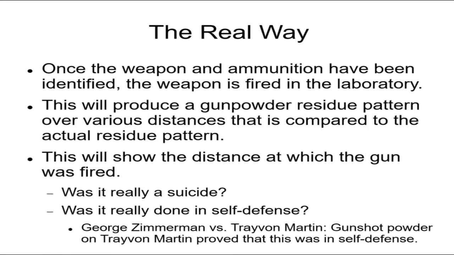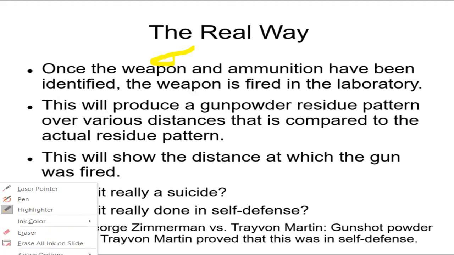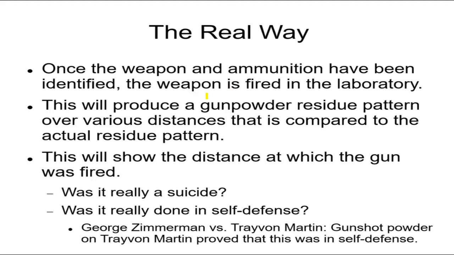Anyway, the real way to tell how far away the gun was to the victim is identify the weapon and the ammunition, and test fire it in a laboratory and see how the gunpowder residue spreads. And with this we know, oh yeah, if it spreads the same way from 2 feet away, well, there you go.